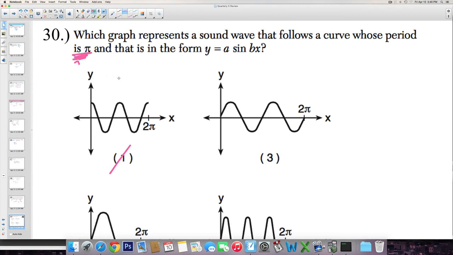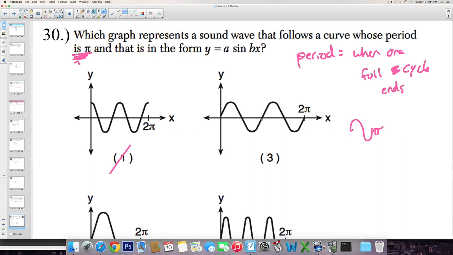So that means where 1 full cycle ends. So I'm going to write that down over here. When 1 full cycle ends. So a full cycle of sine looks like this. Goes up, down, starts back at the origin. So that needs to end at pi.